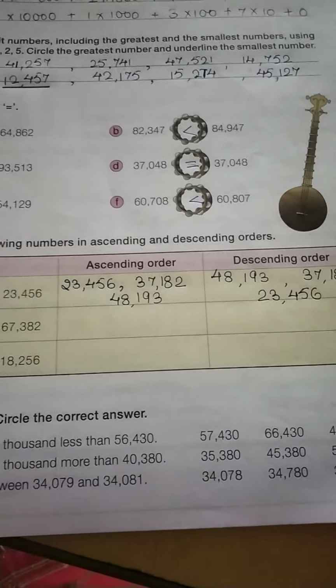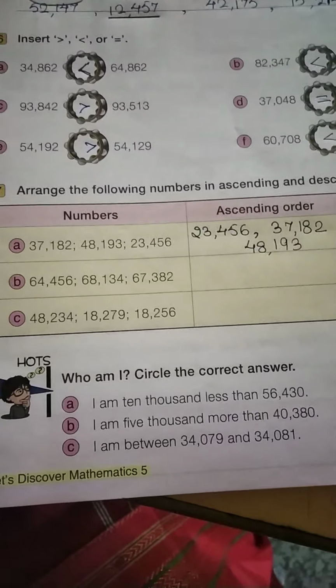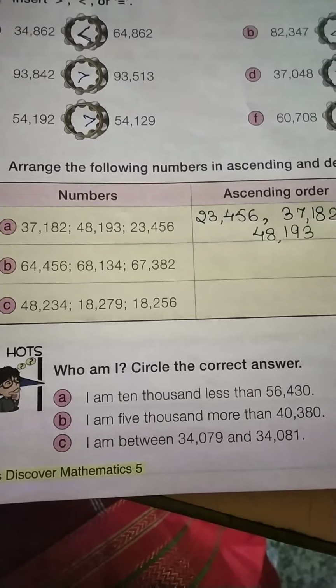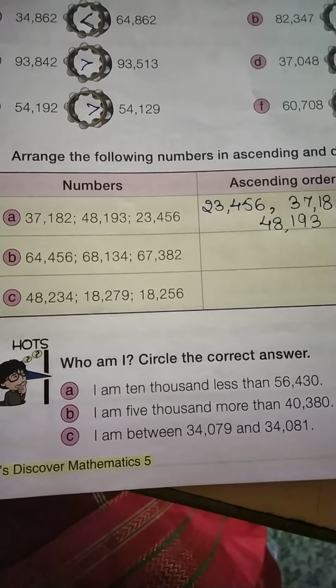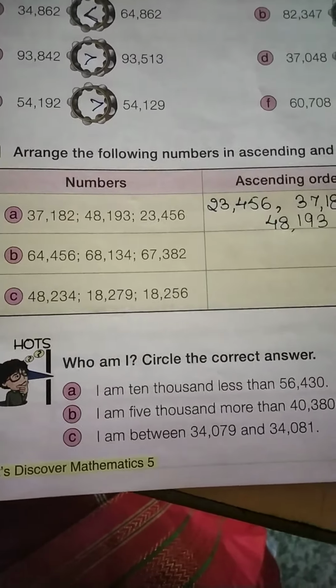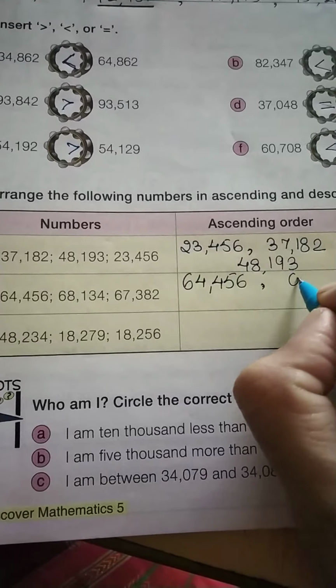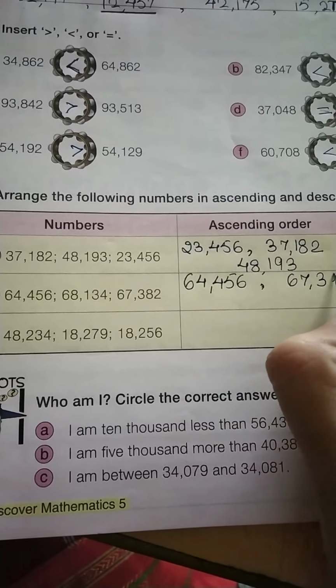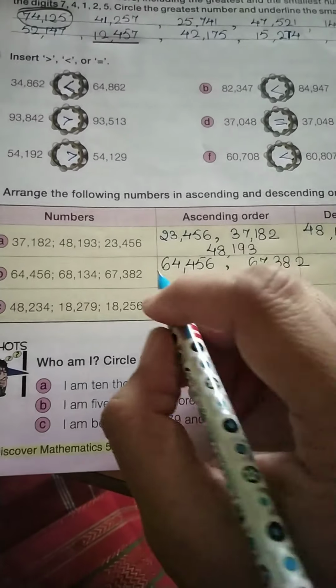Next, B1: 64,456, 68,134, 67,832. Now which is the smaller? 64,000, right? 64,456. After that, 67,382.